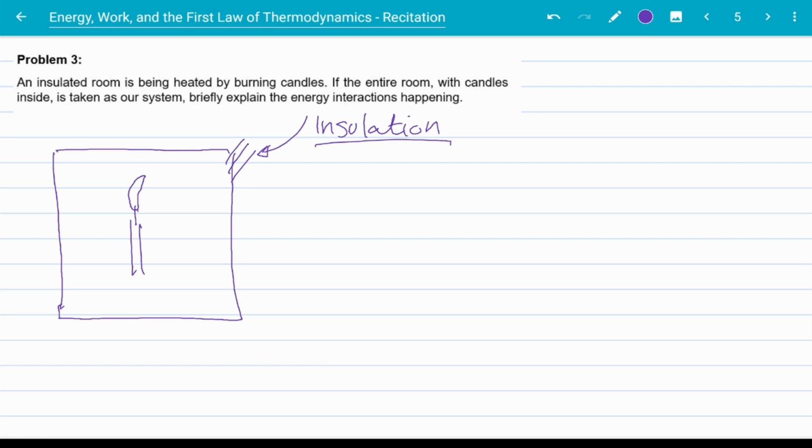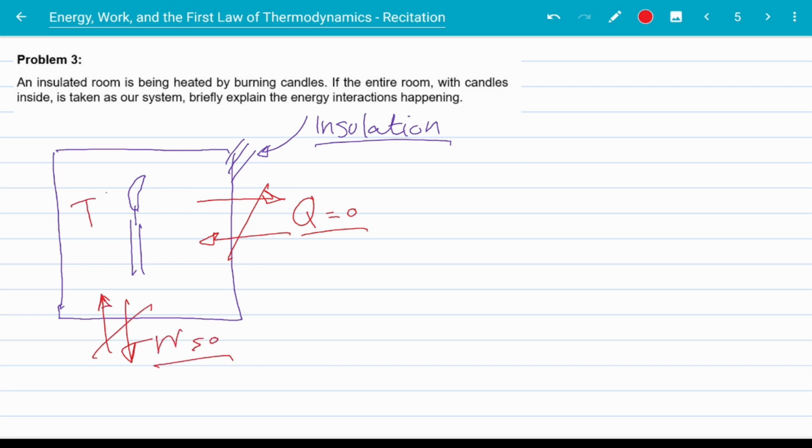Now let's do an energy analysis. Because of the insulation, no heat can enter or exit the room, right? Also, from what we have read in the problem, no work interactions are happening. But the problem states that the temperature is rising. So what's happening here?